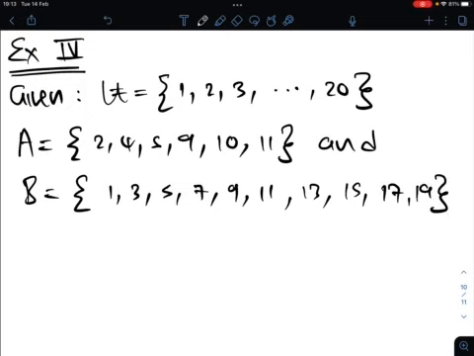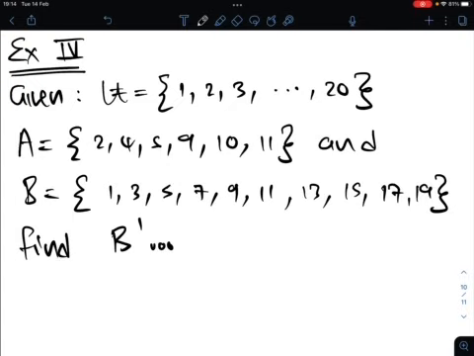Then you may be asked to find B complement. So how do you get B complement?